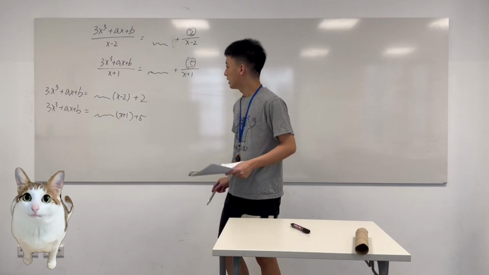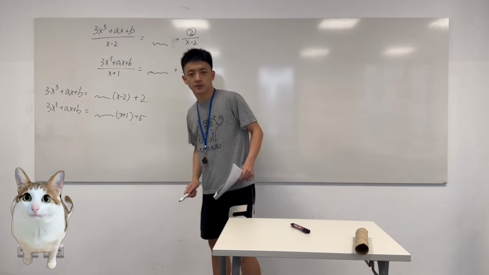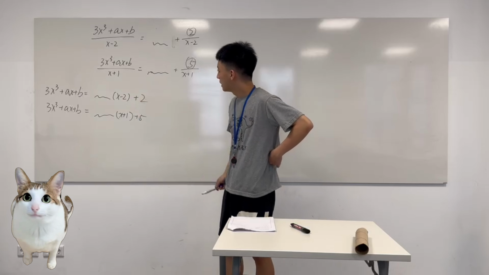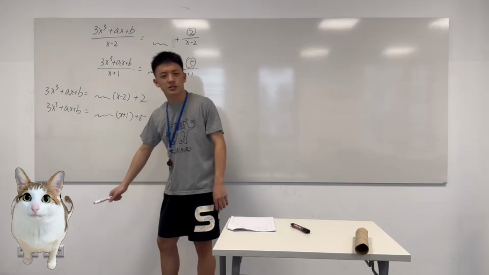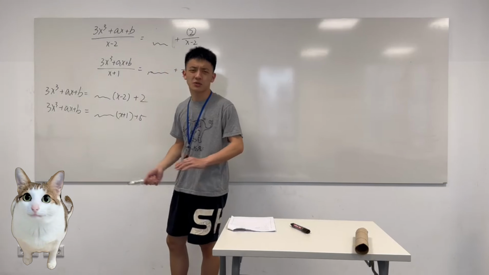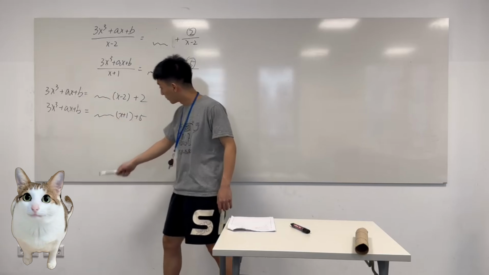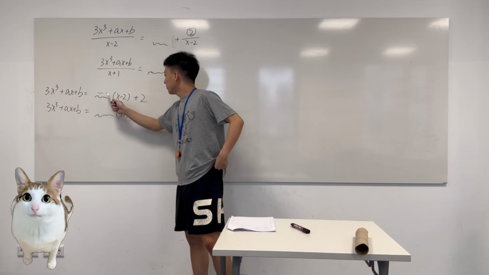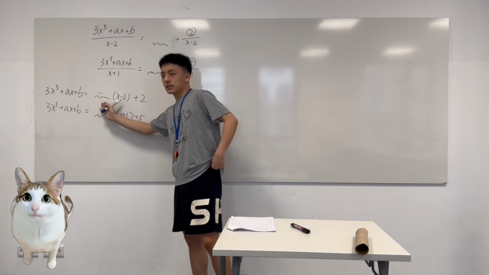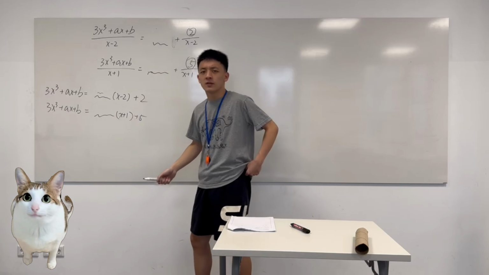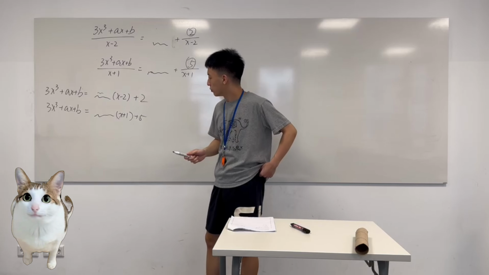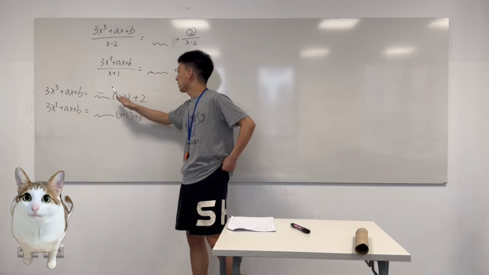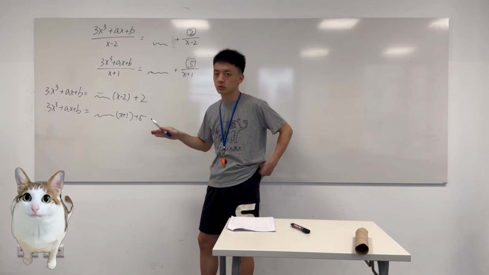So let's observe both sides of those two equations. For the left side, we can do nothing, but for the right side, let's see. We don't know what that is, right? But the thing is, if we let x equal 2, it doesn't matter how much we get here, because 2 minus 2 is equal to 0.